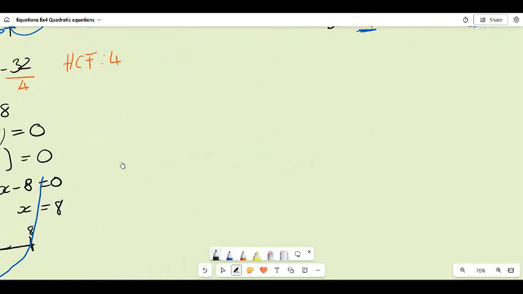Let's do question E. So question E looks like this, with two brackets. x minus 2 multiplied by x plus 3, and that is equal to 14. Don't make the mistake of saying bracket 1 equals 14 or bracket 2 equals 14, because that's not true, right?